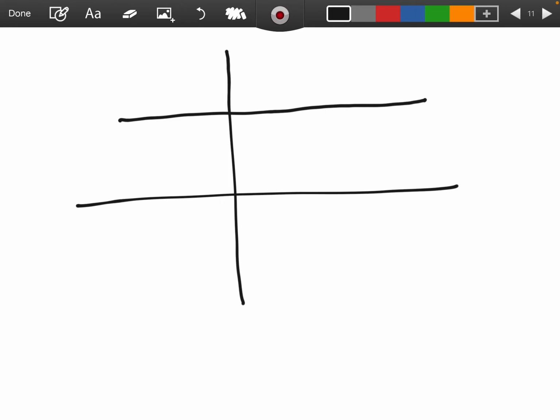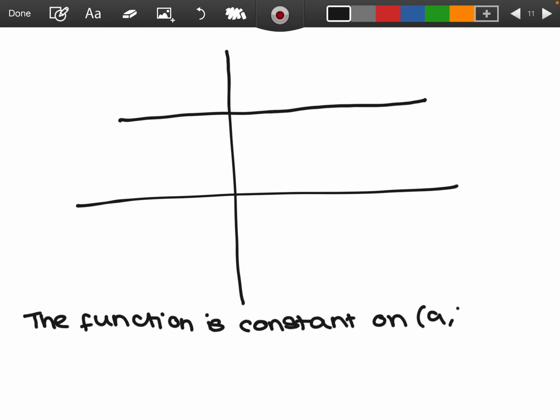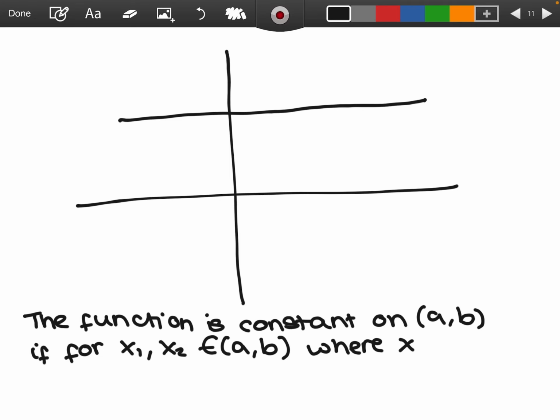And again, you say that you've got this open interval AB, so the function is constant on AB if for x1 and x2 that again exist in that open interval where x1 is less than x2, then f of x1 is going to be equal to f of x2.